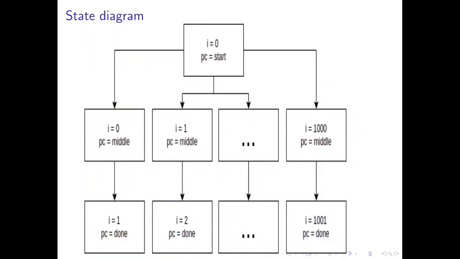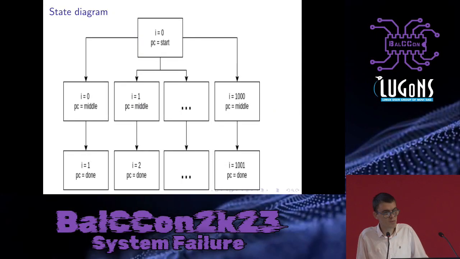That's the reason why I have put comments here, for you to easily see where we are. And here I have PC. So here my state is represented by two variables, the program counter value and this I value. Let's say that this get value will provide us with some kind of integer in the range from 0 to 1000.